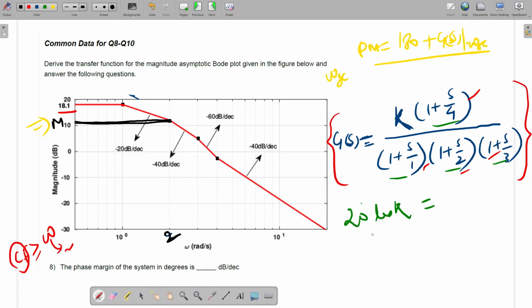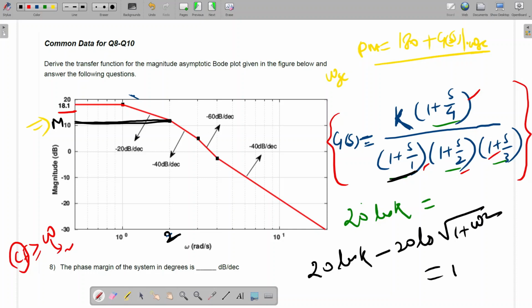So the equation will be 20 log k minus 20 log under root 1 plus omega square, and this should be equal to m. Is it clear? Where we know the magnitude, the corner frequencies greater than or equal to that point should be neglected. Clear?